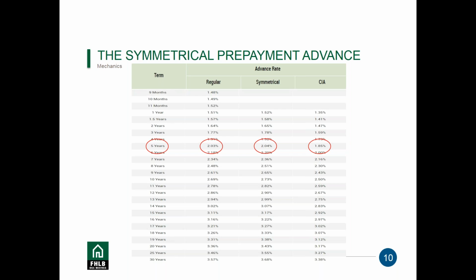And inside of 7-year maturities, spreads are confined to 1 to 2 basis points. Here's an important caveat: symmetrical advance structures are not eligible for community investment or CIA advances that I talked about in the August 15 term advance webinar.